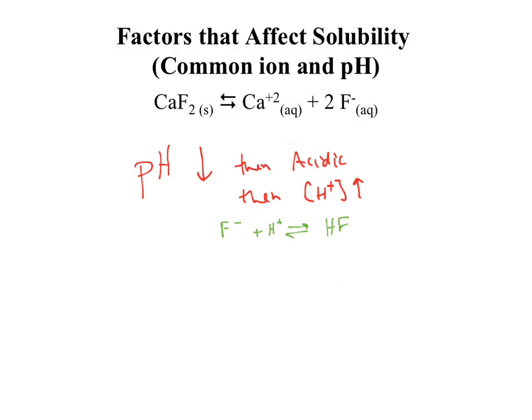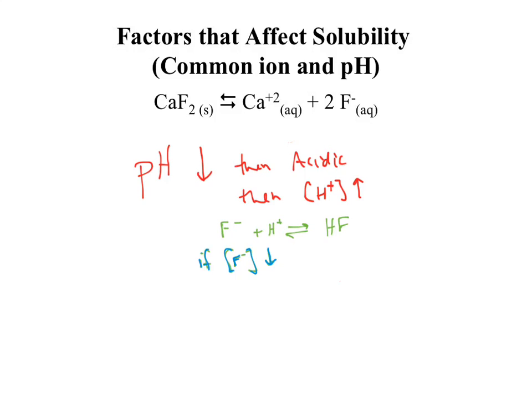By decreasing the pH, we are removing F minus. So our statement is now if F minus decreases, then what happens? Now we don't have to worry about H plus at all because we went through all of that pH argument to say what happened to F minus, and the F minus decreases.